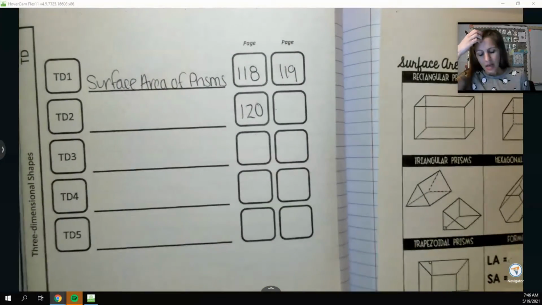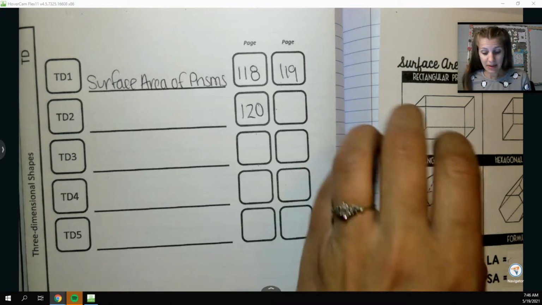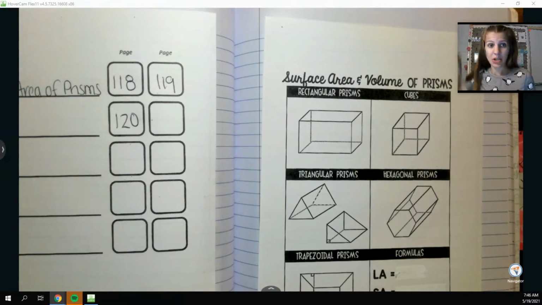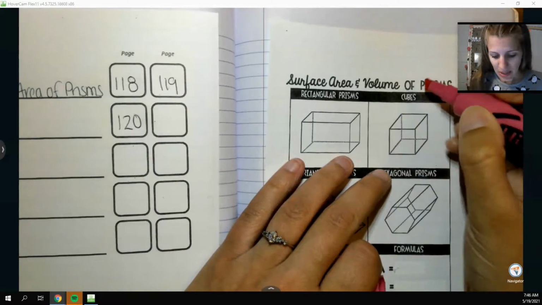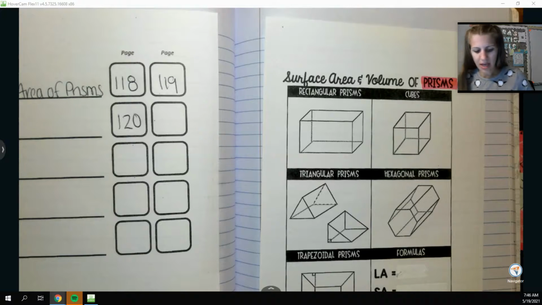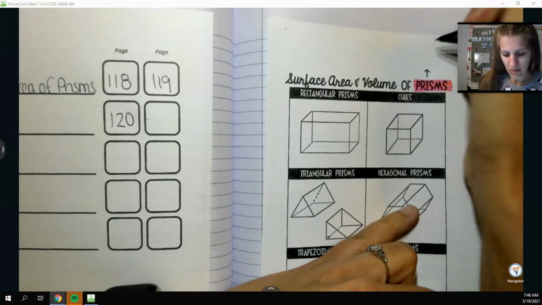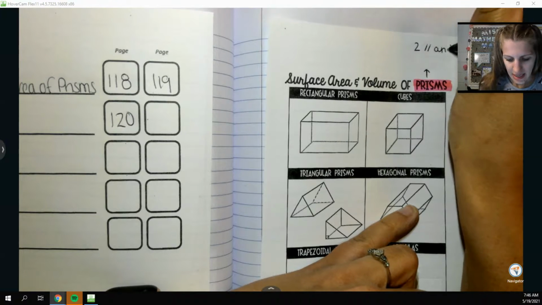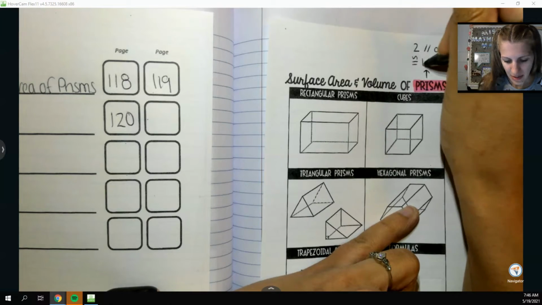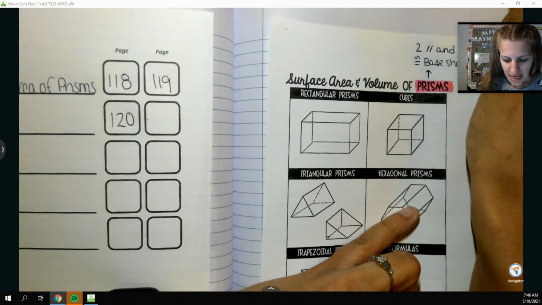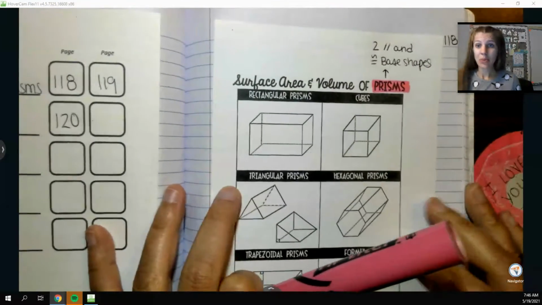Okay. So, like we talked about yesterday, a prism is a shape with two parallel and congruent base shapes. And that's how we name the prism.